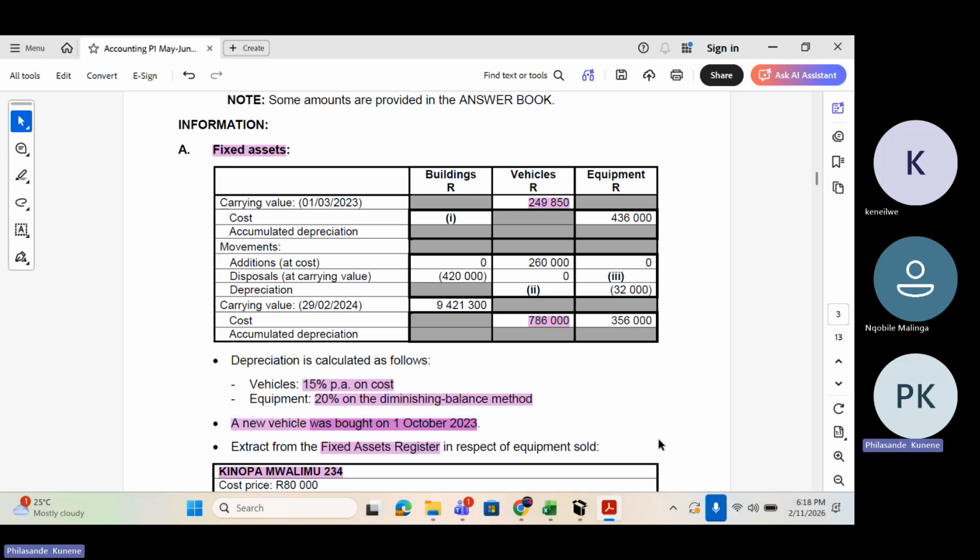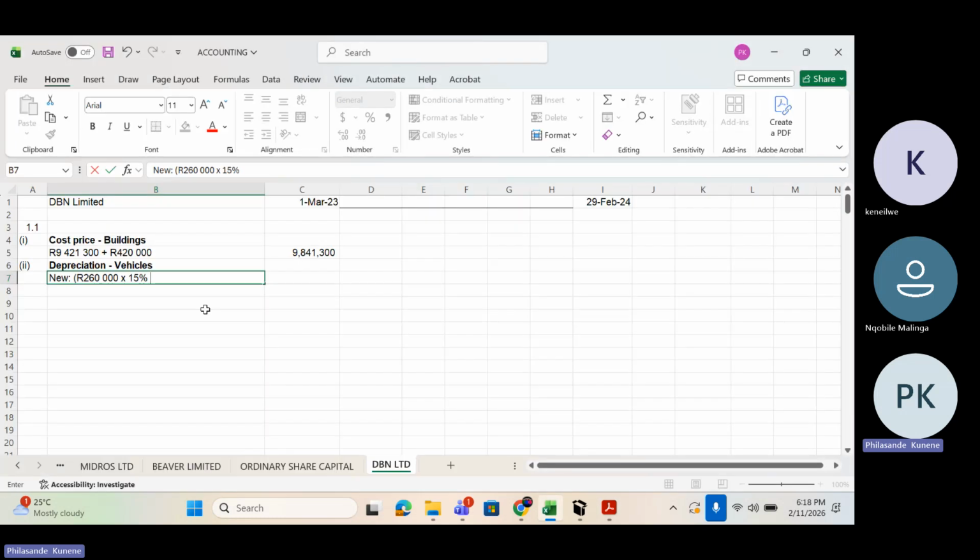So which means now I'm just going to go to my spreadsheet and multiply by 5/12. Okay. Then how much am I going to get as the depreciation for the new vehicle? 1,625.